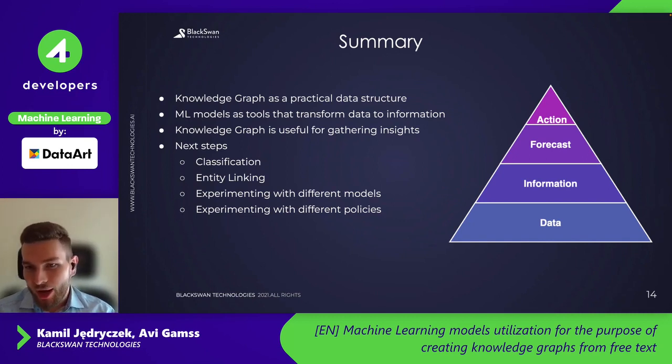And in order to achieve that, we think we need to have, at first, a classification model. And by the way, this classification model is only for the purpose of efficient calculation. We just don't want to run our complicated models like NER and RE on paragraphs that are not related to, for example, politics, right?